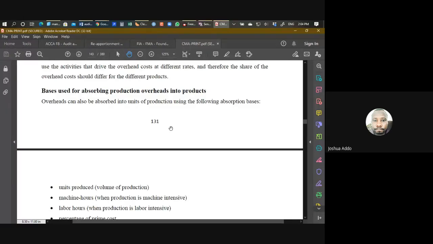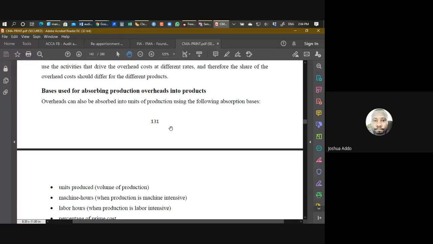Therefore the product that uses more labor will generate more of the overhead cost, since the overhead cost is labor related. So if we use labor hours as the basis of sharing, we will fairly distribute the cost. The product that has the highest labor hours gets the biggest share of the costs, in that order.